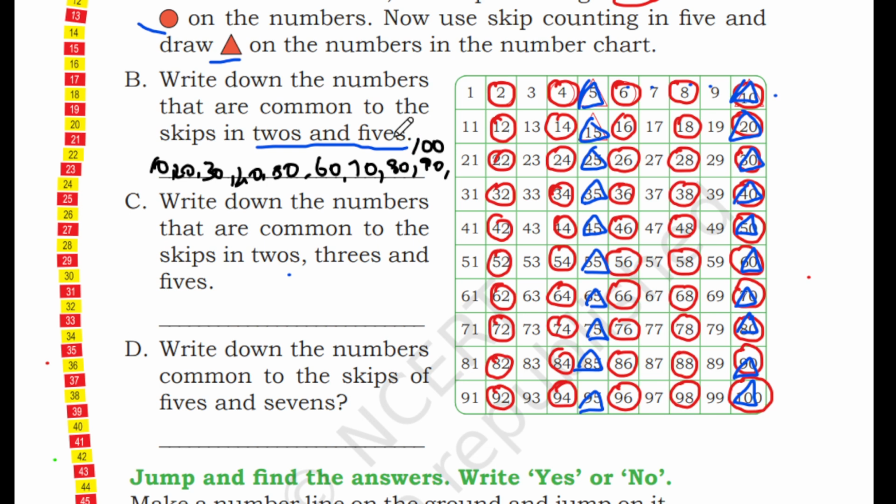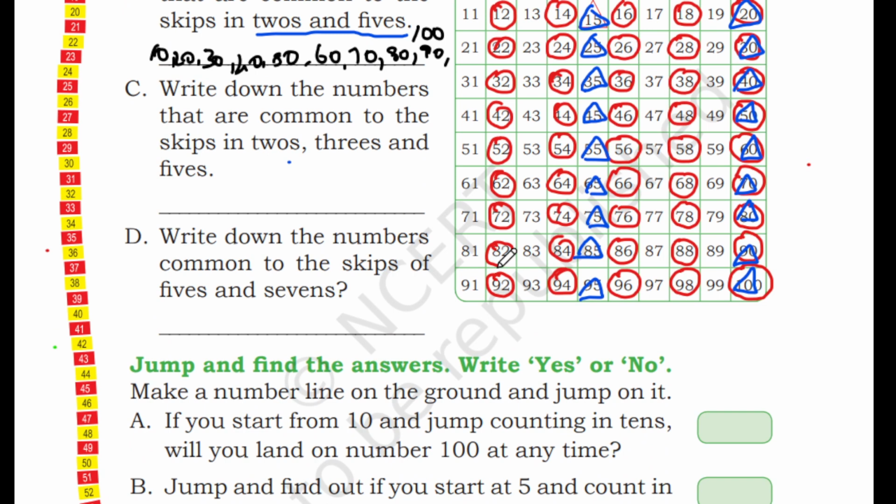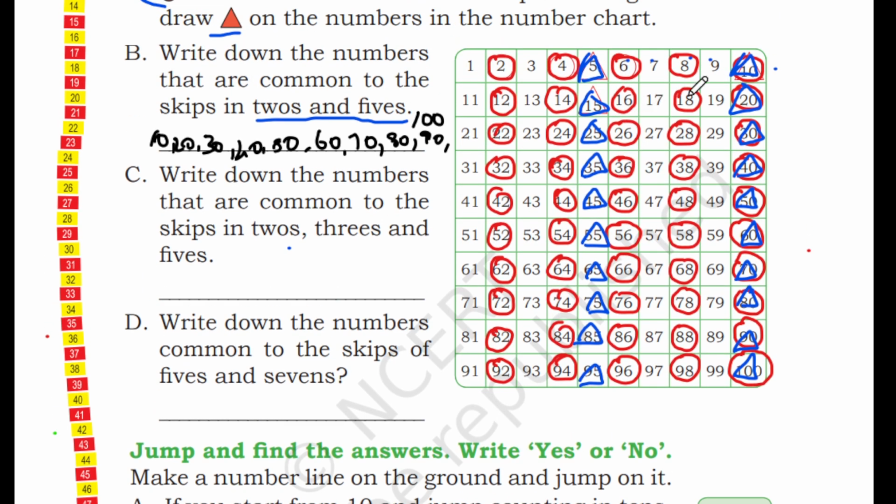So we have 10, 20, 30, 40, 50, 60, 70, 80, 90 and 100 are the common numbers for 2s and 5s. Okay. So the next thing they are asking, write down the numbers that are common to skips in 2s, 3s and 5s. So we already found for 2s, 5s, but 3s we haven't done for 3, right?